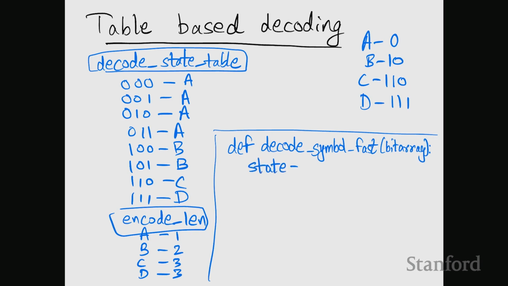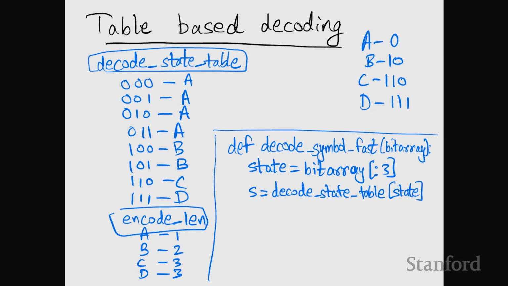So you define this state, which is you take the next 3 bits from the bit array, look at the decode state table, and you can decode a symbol already. Based on the 3 bits, you can decode the symbol.